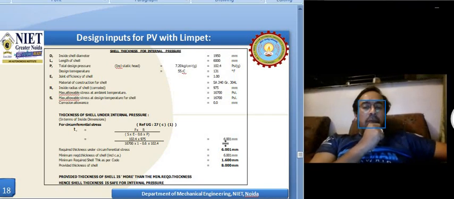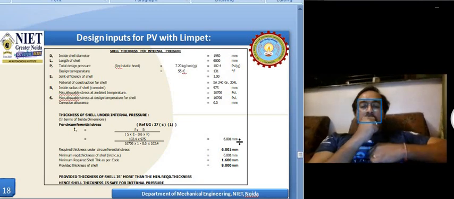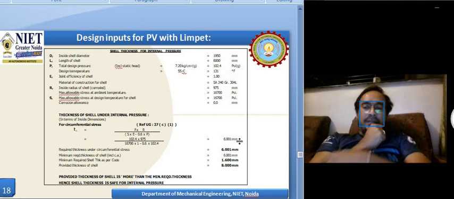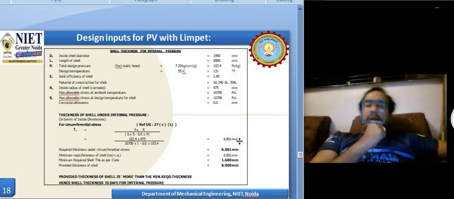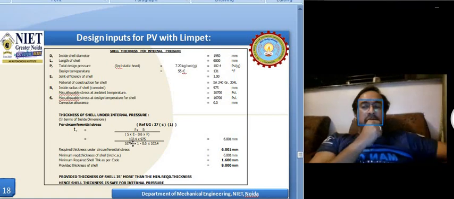If you use the formula, we get 6.001 mm as the thickness. But as we add some allowances, it is good practice to take 8 mm as the standard thickness for the shell. The shell is the cylindrical part of the pressure vessel.